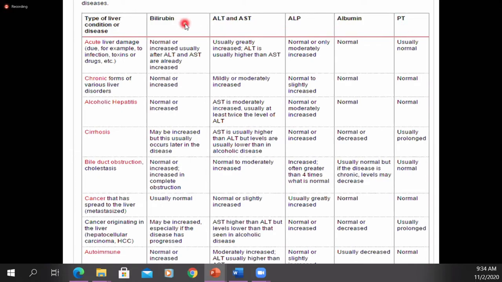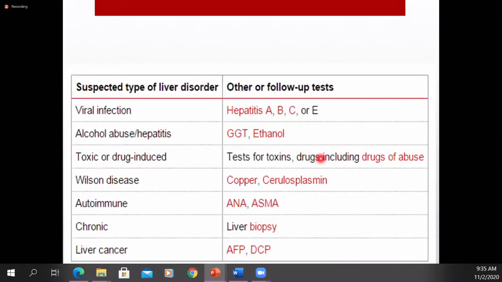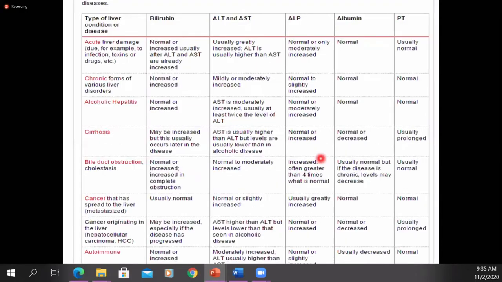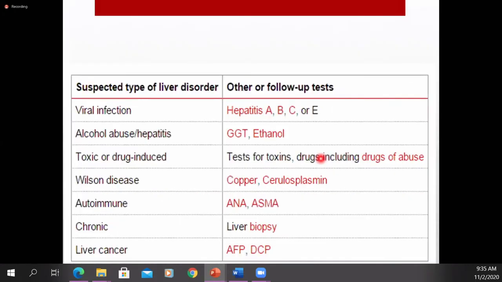How are we going to use these markers in order to assess either acute or chronic liver disorders? So you will notice differences sometimes in the concentrations or the activity of these parameters when we assess the liver disease or liver disorder. I'm not interested right now in these parameters because tomorrow you will forget them, but I care that this table stays with you in the future as a notebook in the clinic.